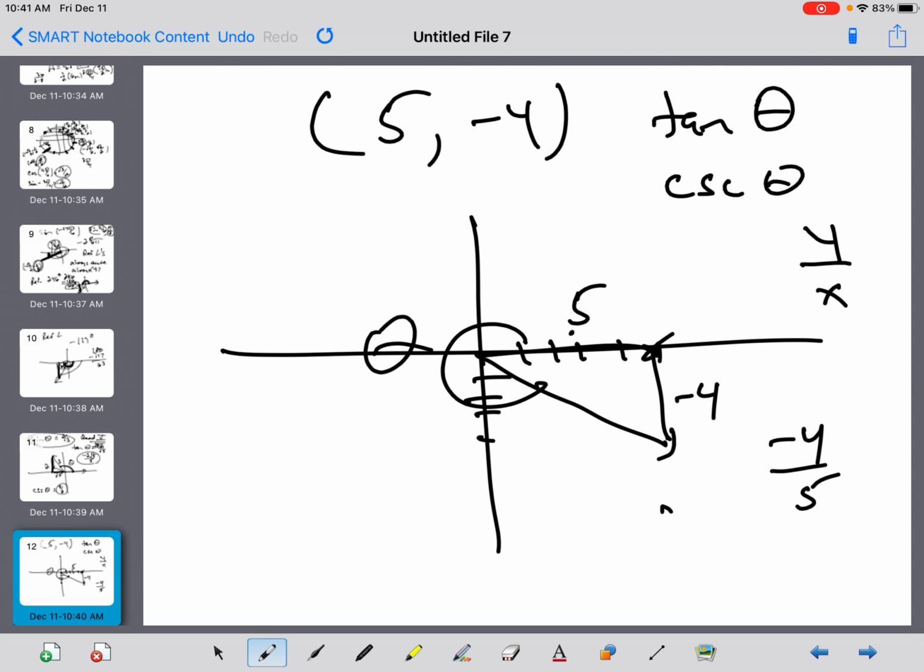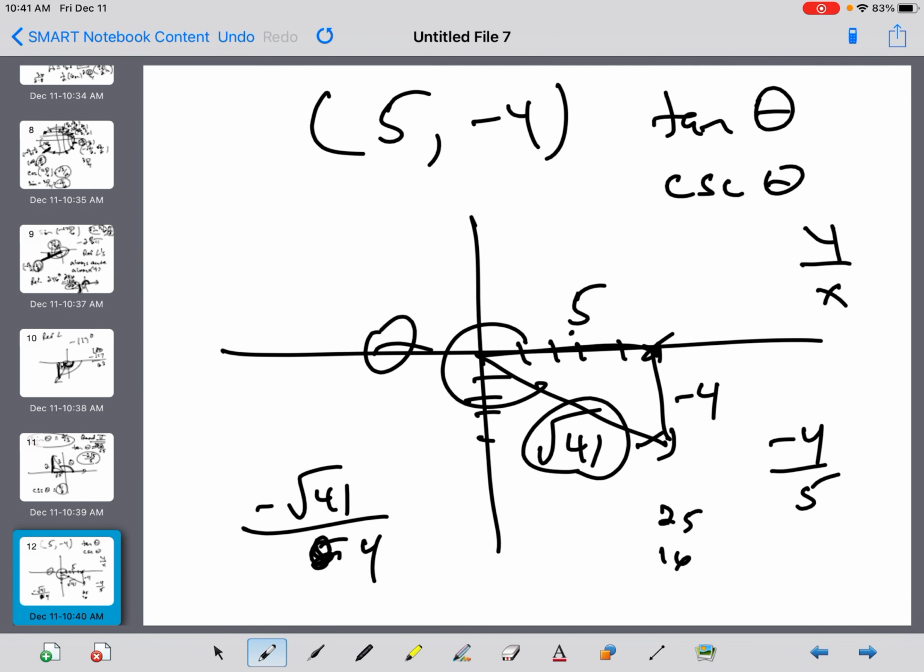Now, 25 plus 16, this is going to be root 41. So the cosecant of this, we're in quadrant 4, so that's negative, so it's going to be negative root 41 over 4, because we have this over the opposite. Root 41 is positive, but the -4, that's going down, so it's negative.